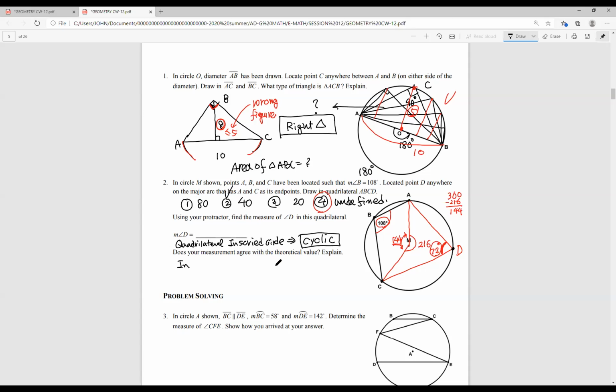The quadrilateral is a cyclic quadrilateral, okay? Now you understand the cyclic: all inscribed in a circle, isn't it? In a cyclic quadrilateral, the sum of what? Opposite angles.